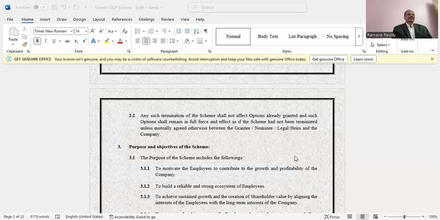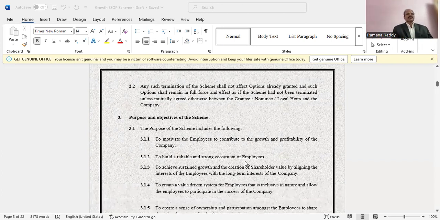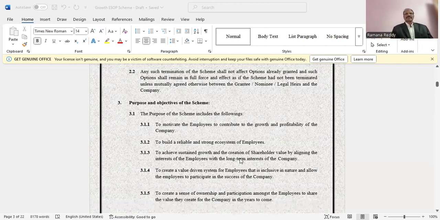So, the purpose and the objects of the scheme. The purpose is to motivate the employees to contribute to the growth and profitability of the company, to build a reliable and strong ecosystem of employees, to achieve sustained growth and creation of shareholder value by aligning the interests of the employees with the long-term interest of the company, and to create a value-driven system for employees that is inclusive in nature and allows the employees to participate in the success of the company.